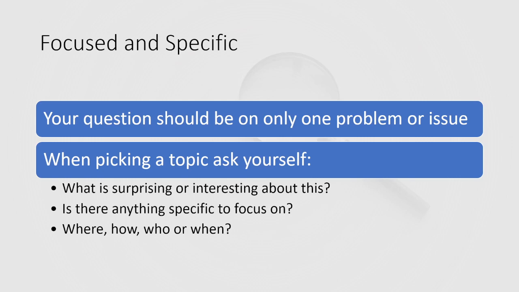My question needs to be something that I'm interested in or surprised about in what I'm looking at. There should be something I can focus on in that question. And I'm going to ask the questions where, how, who, or when to try to narrow this question down into something that I can actually answer.